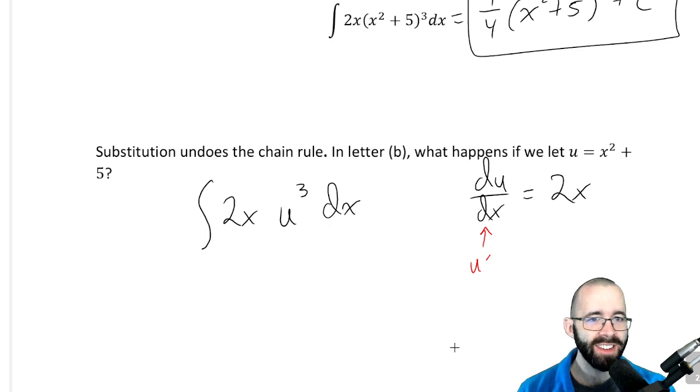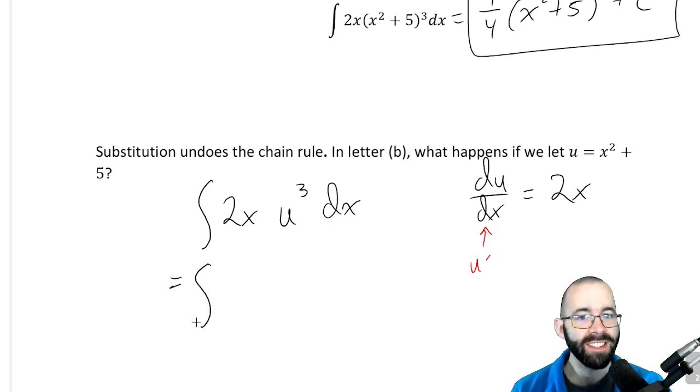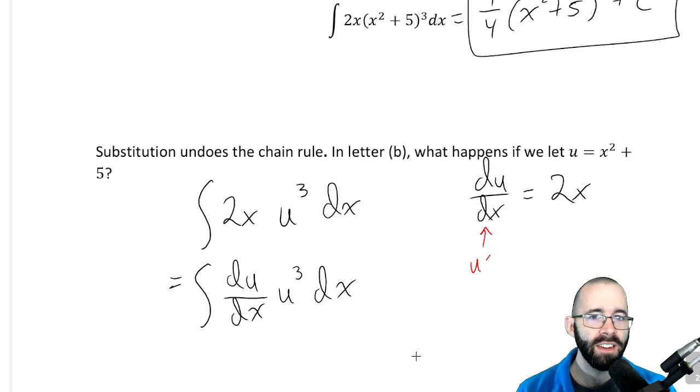Are you ready? 2x is du dx. So if 2x is du dx, let's replace it. They're the same thing, du dx and 2x. Just plug it in. And now we have something really nice.